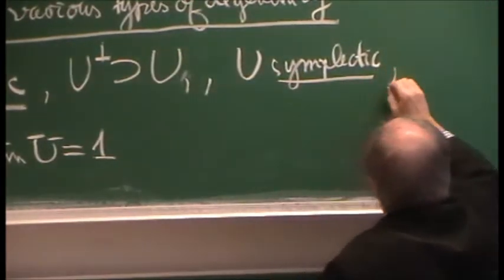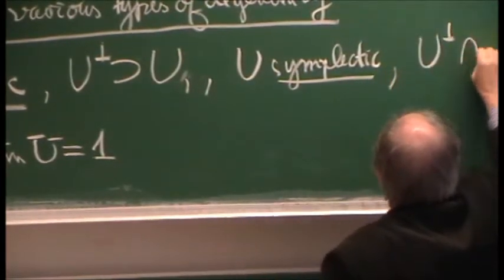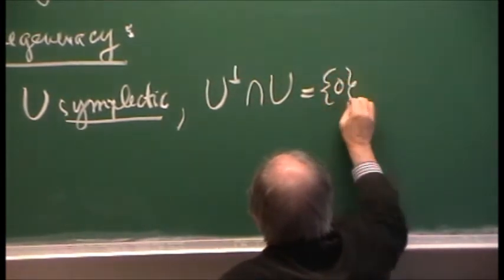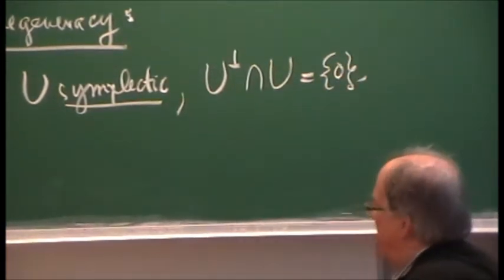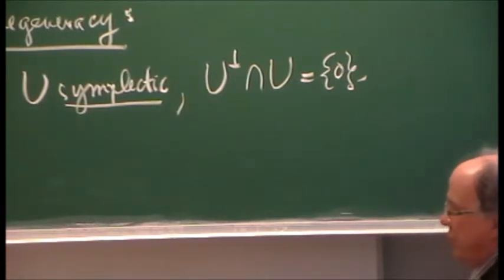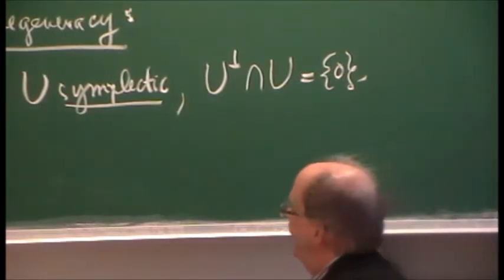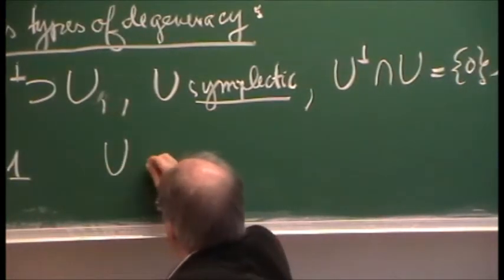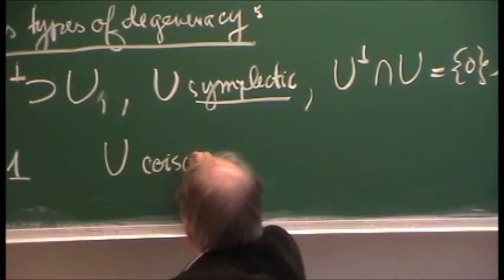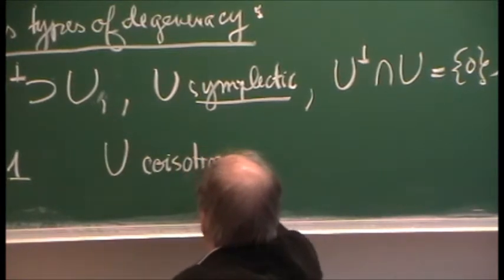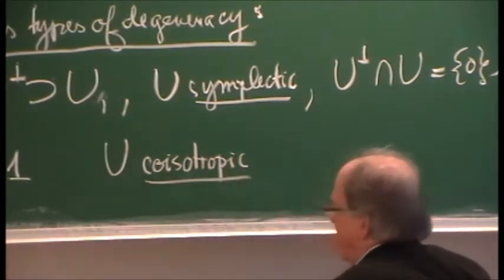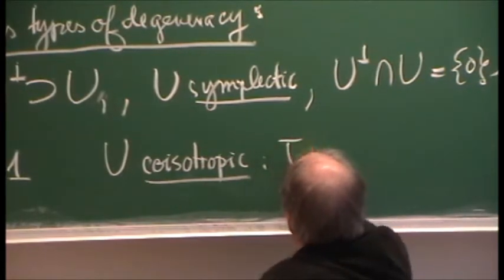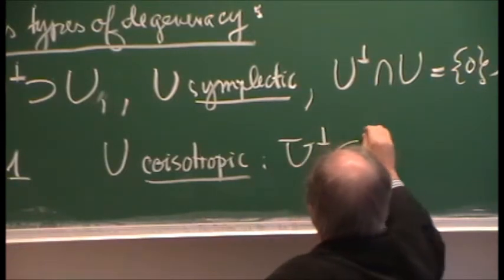That means that the orthogonal complement of U intersect U is nothing, so it's just the opposite. It means that omega restricted to U is really a symplectic form. A third thing which is important is U is coisotropic. This is related to a homework exercise. It means that the orthogonal complement of U is contained in U.